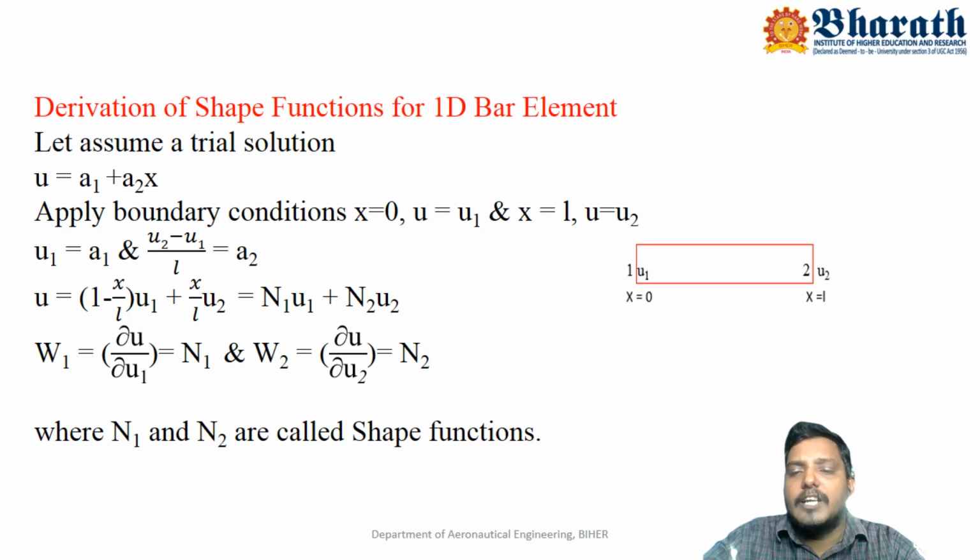We add N1 plus N2, we will get 1. If it is a one-dimensional element, then the summation of the partial derivatives of the shape functions, that means dou N1 by dou x plus dou N2 by dou x, must be equal to 0. So here we get the shape function values N1 equal to 1 minus x by L, and N2 equal to x by L.